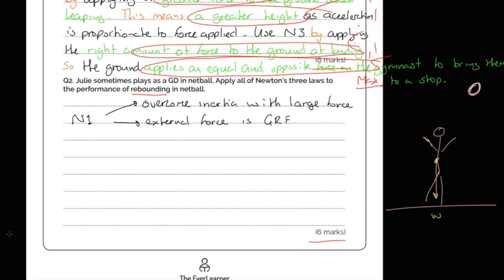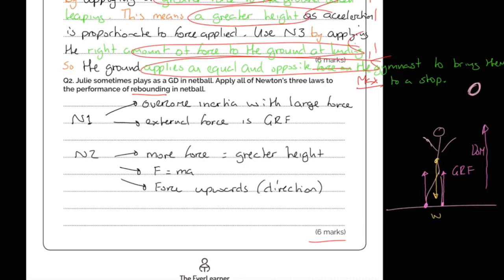And I've got ground reaction force acting from both feet. So of course, if our ground reaction forces together are greater than our weight force, we're going to get a direction of movement upwards. Okay, so we're showing that here. So the external force is the ground reaction force. So we want to be able to define that term.